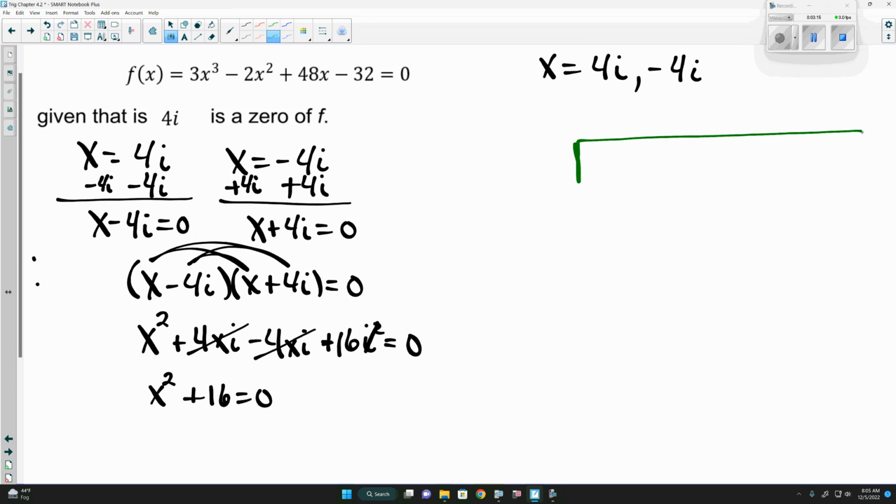Now at this point here, we'll divide, so we'll have 3x cubed minus 2x squared plus 48x minus 32 on the inside. On the outside, we'll have x squared plus 0x plus 16. Especially inside our division, we do need to put in zeros for wherever there's not a term. So here we start out with x cubed.